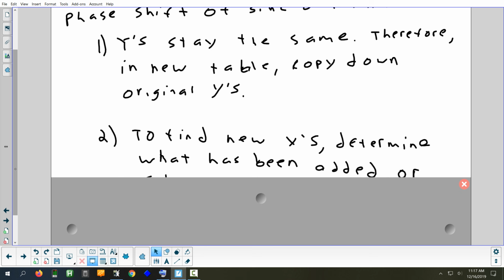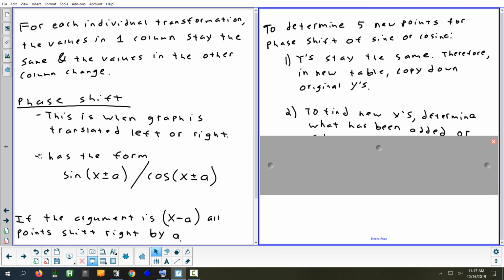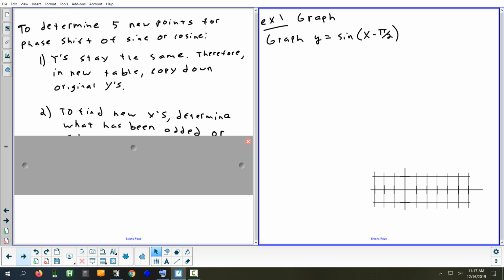To find the new X's, you're going to determine what has been added or subtracted. Look at example 1. What's been added or subtracted in example 1 inside the argument? Brandon, what's been added or subtracted inside the argument?